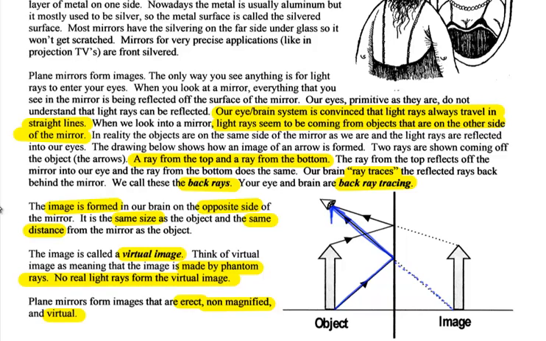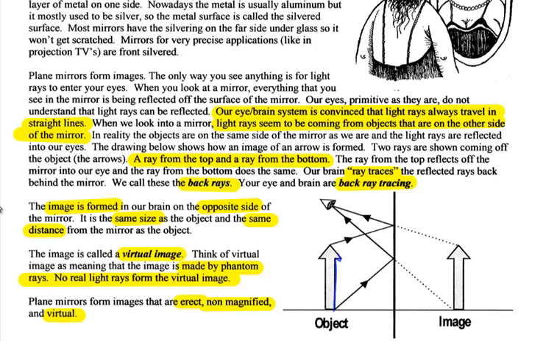Our next highlighted thing says a ray from the top and a ray from the bottom. When you're looking at these ray diagrams, realize that you're going to draw rays from the top and the bottom of objects, sometimes only from the top of the object, but of course light is coming from every point of the object.